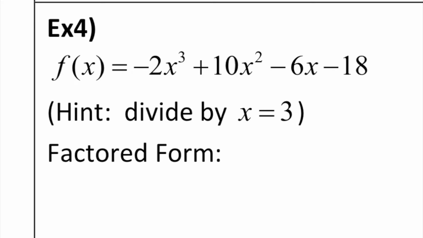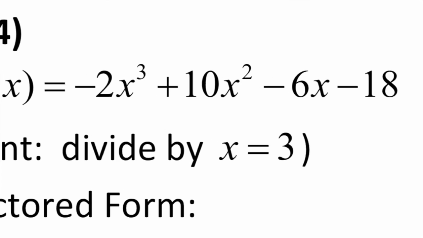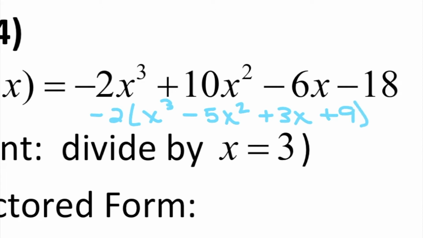The other thing to notice is that I've given you an equation that has a numeric GCF, so factor out that negative 2 so that you've got x cubed minus 5x squared plus 3x plus 9. Then use only what's inside the parentheses for your synthetic division.